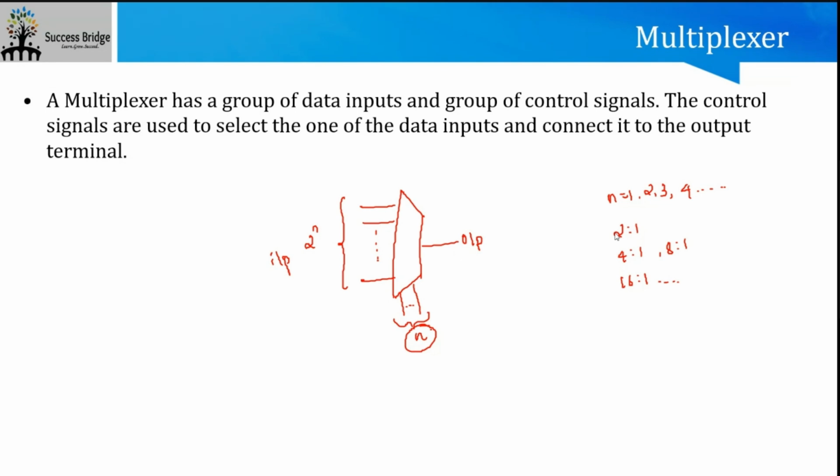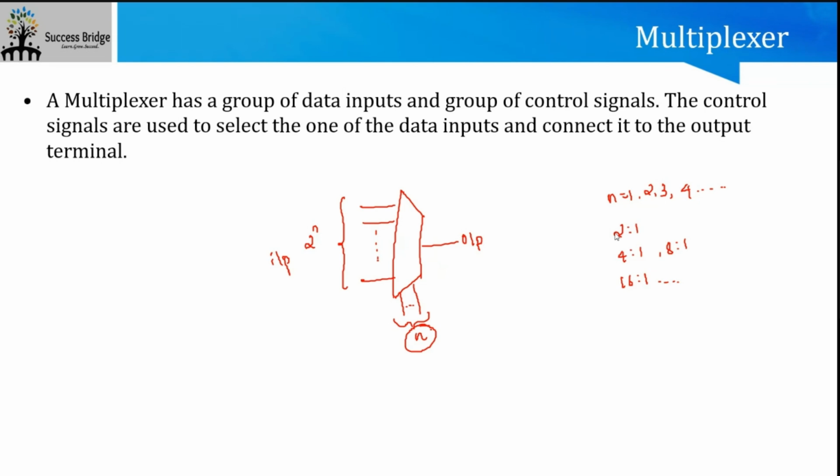So coming now to the multiplexer. A multiplexer has multiple inputs and a single output. Generally we start with a 2 by 1 mux, where we have two inputs and one output, with a select line to choose either of the inputs. So we have only one select line for two inputs.